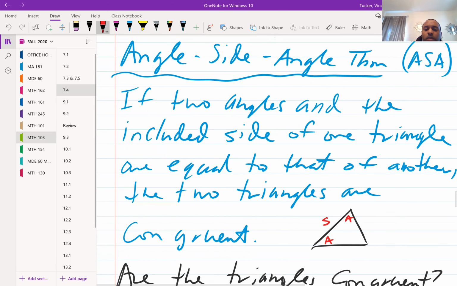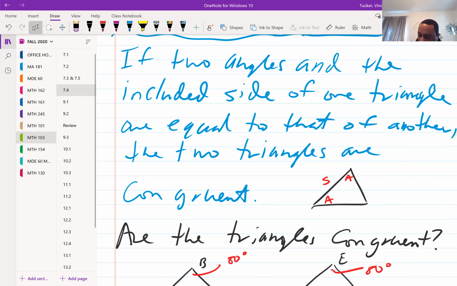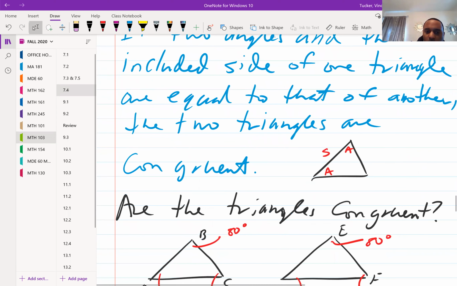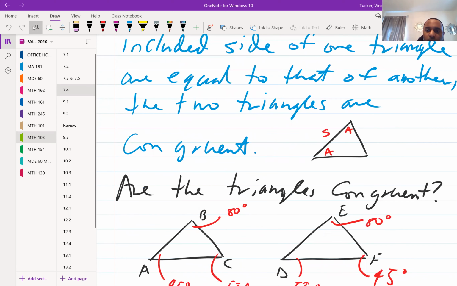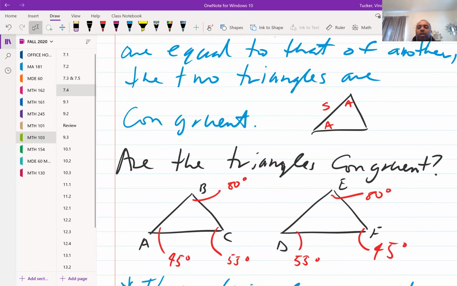All right, let me scroll up. So first example, dealing with this type of thing, they ask us, are the triangles congruent?